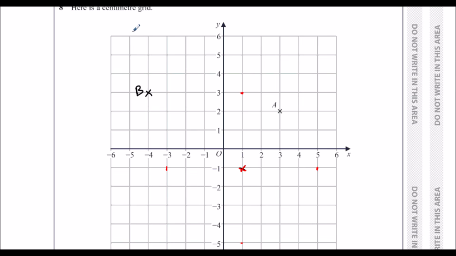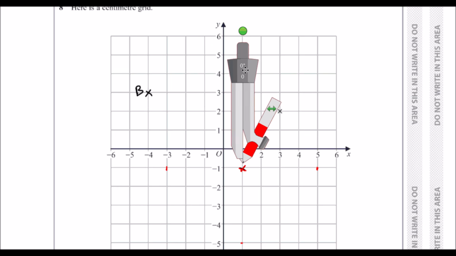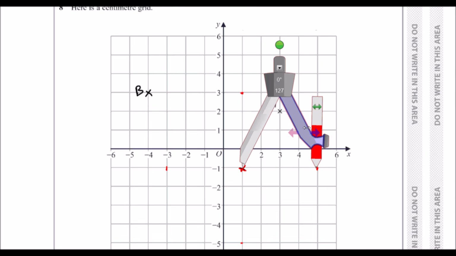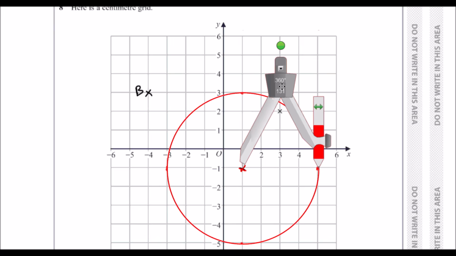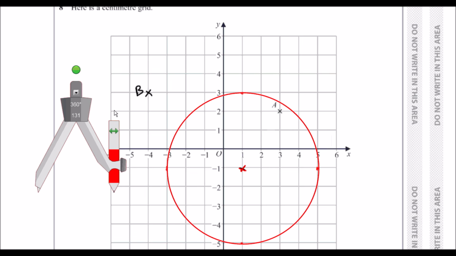So we want a circle here. So let's get a compass. And we'll put the point on the center. Stretch it out 4 centimeters. And draw around. So there is our circle.